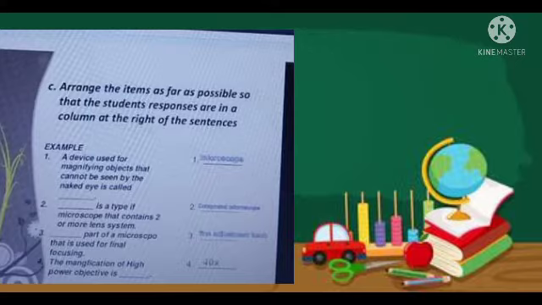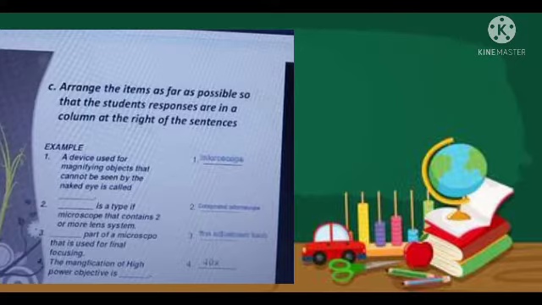Number 2. "Blank is a type of microscope that contains two or more lens systems." The answer to that one is compound microscope. Number 3. "Blank, part of the microscope that is used for final focusing." The answer to that one is fine adjustment knob. Number 4.